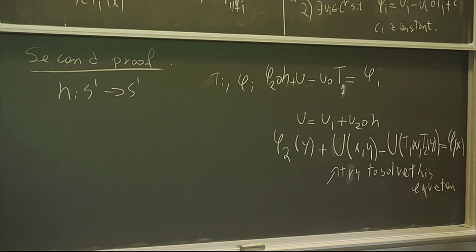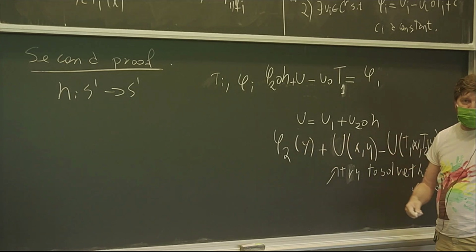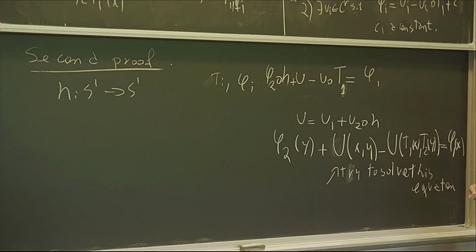Now the good news is that the data, which is phi 1 and phi 2, is a C^r function. The bad part of the problem is that it's almost hopeless to solve this equation. So you will not be able to solve it, most likely.